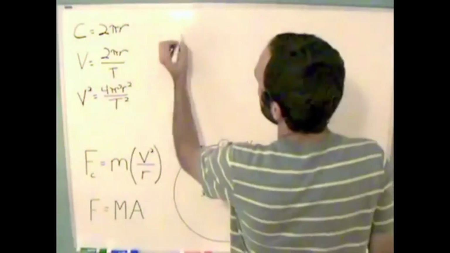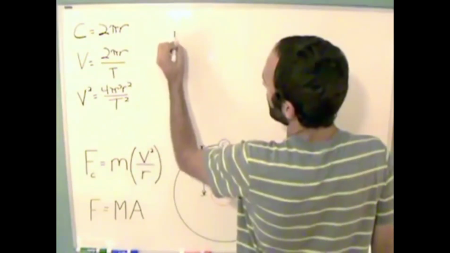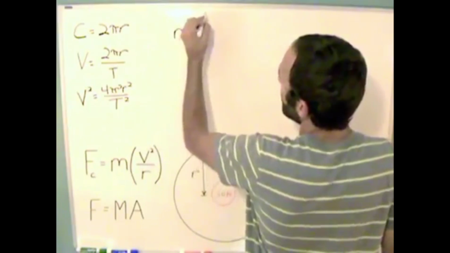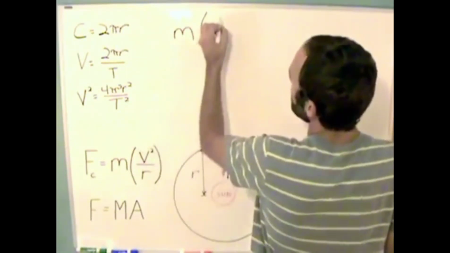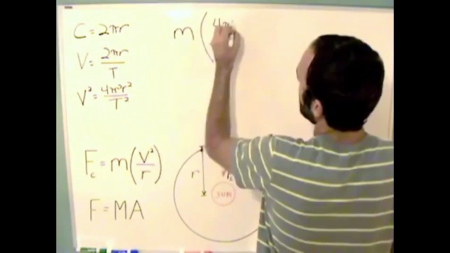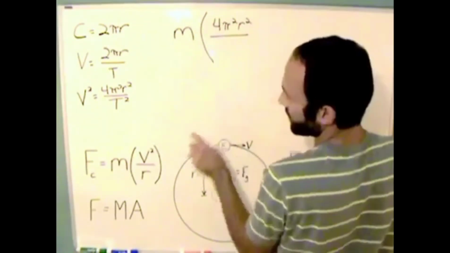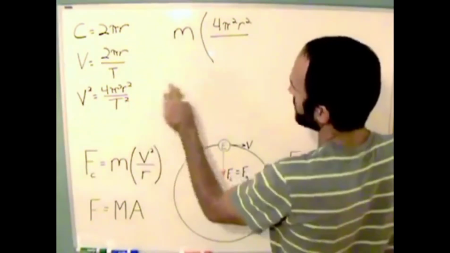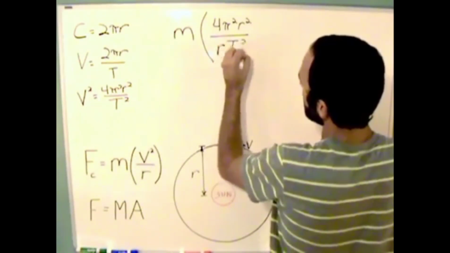Okay, so going back to that original equation, we can write the centripetal force equation now with that relationship. We can substitute this for v squared, and that'll give you 4 pi squared times r squared over r, because r was still on the bottom, and this T squared comes down here, over r times the period squared.